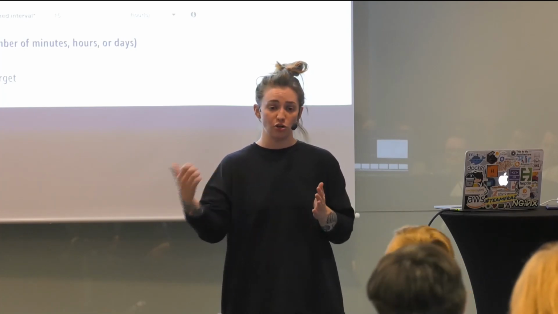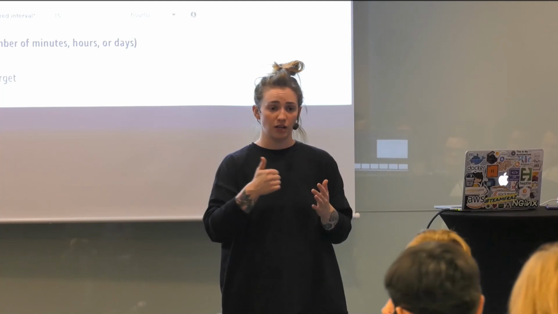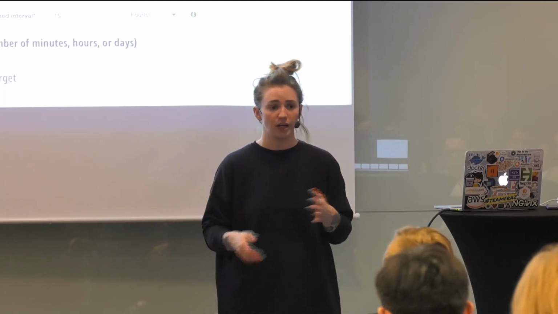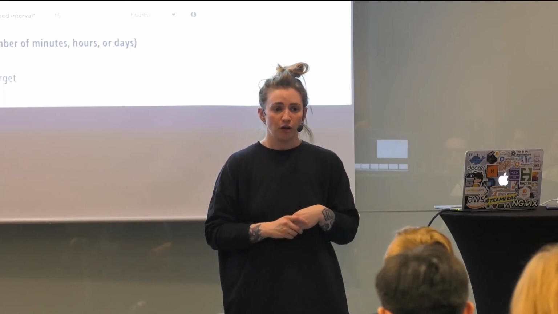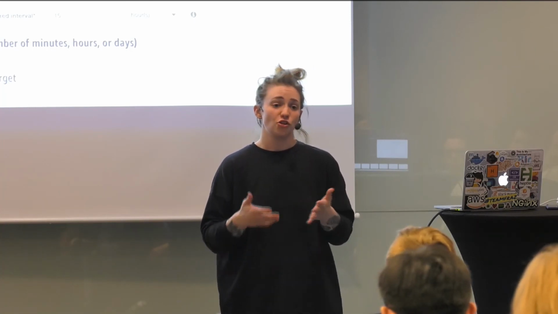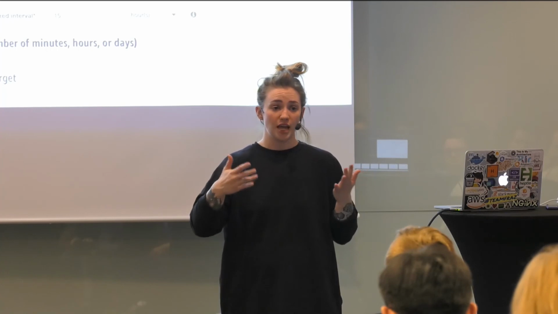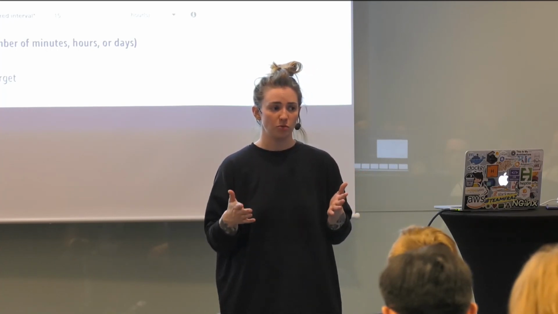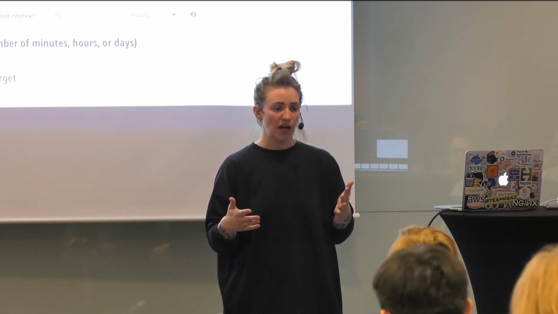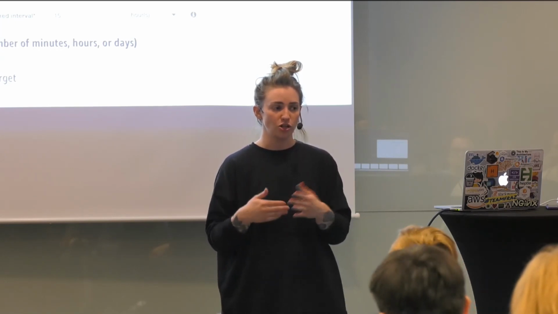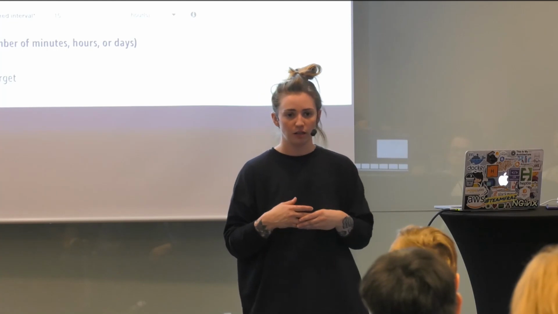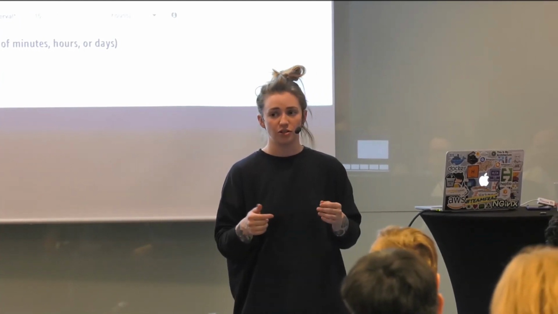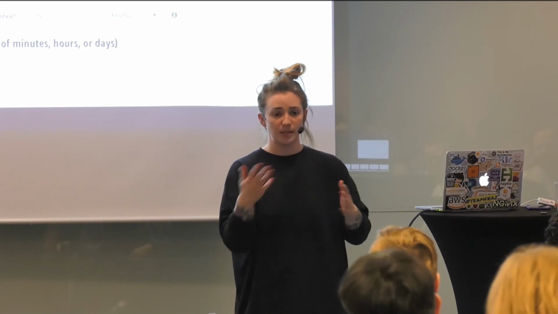So either I've alerted a human, or I've done a Slack message in a channel to say, hey, your deploy is not working. But you could definitely use a Lambda function or something else and take an action in response to that. I've always alerted a person because I wanted someone to look into it before it turned into a 3 a.m. problem party. So that's what I would do, is I would watch for that message and then have a human go look. But that's something that you could automate.